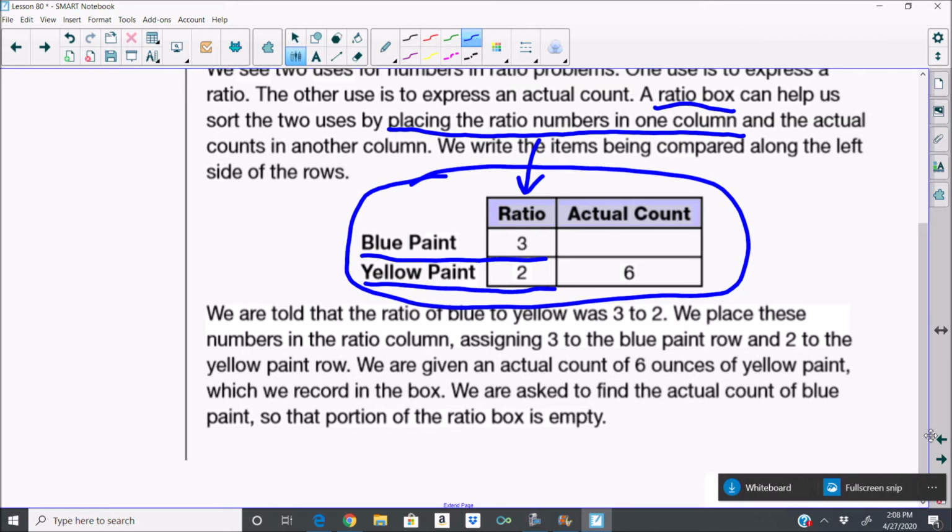We place these numbers in the ratio column, assigning 3 to the blue paint row and 2 to the yellow paint row. We are given the actual count of 6 ounces of yellow paint, which we record in the box right here. We are asked to find the actual count of blue paint. So we want to figure this out. And so that box is empty.